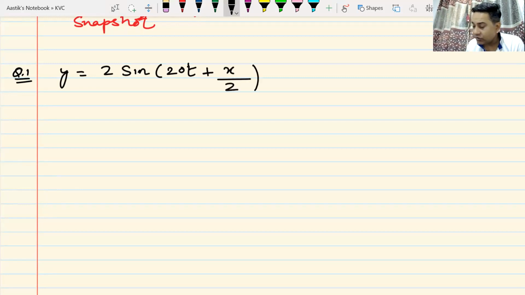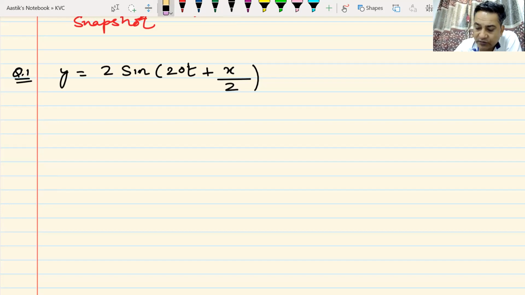This is the equation of a wave given. Now, first of all, you tell me what is the amplitude of this wave. Can you tell me the amplitude of this wave?